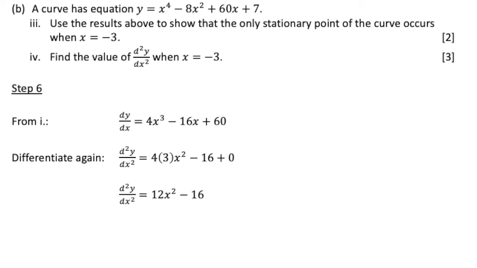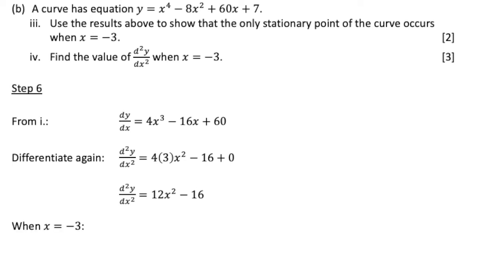Look very carefully at what the question is asking me to do. It doesn't just ask me to find the second derivative, it says find the value of the second derivative when x equals negative 3. When you see the word value, sometimes evaluate in a question, the examiner wants a number. At the moment I've got an expression or possibly a function.